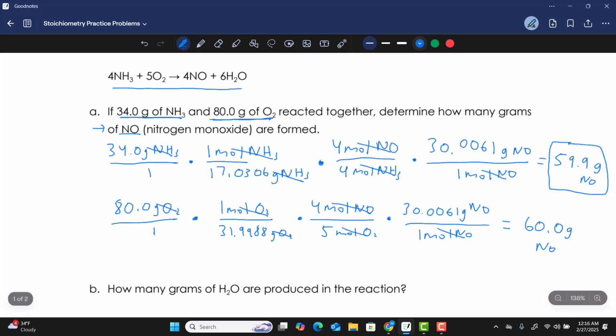So the limiting reactant would be NH3, and the excess reactant would be O2.